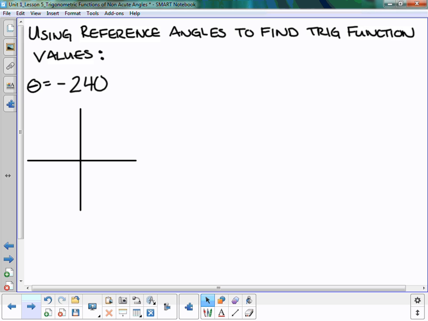So I'm finding the exact value for all the trig functions given an angle now. I'm told my angle is negative 240. Negative 240 starts and ends in the same place as positive 120.